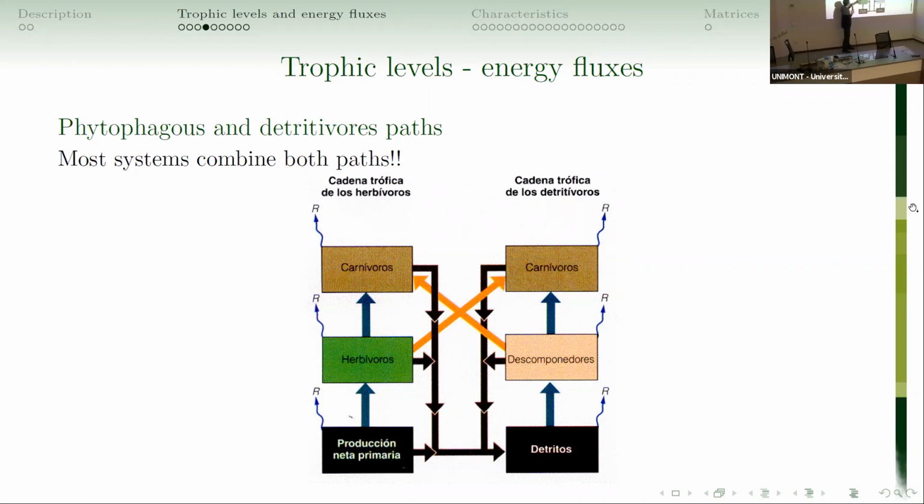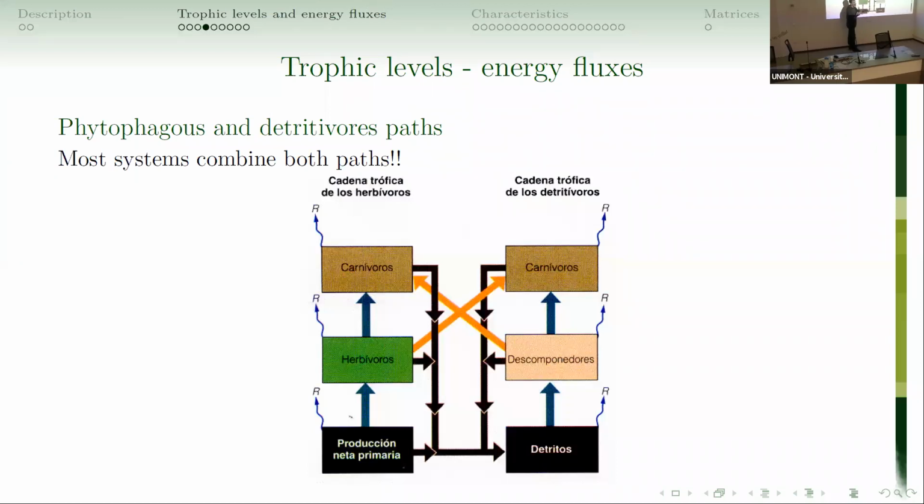It's important because let's imagine this, and most of the works of food webs until, let's say, 10 years ago or so were mostly dealing with living organisms, right? Not with the path of the dead organic matter, let's say. But if you think a little bit about this, all the living organisms end up dying, and they all go to this compartment here, right?